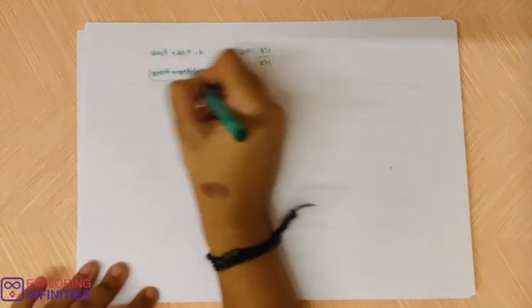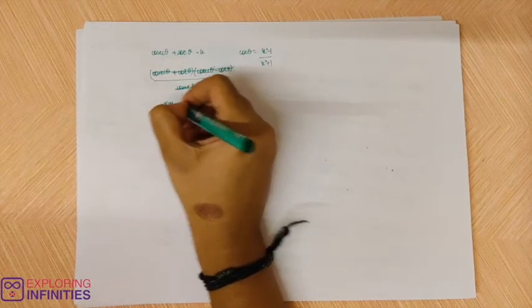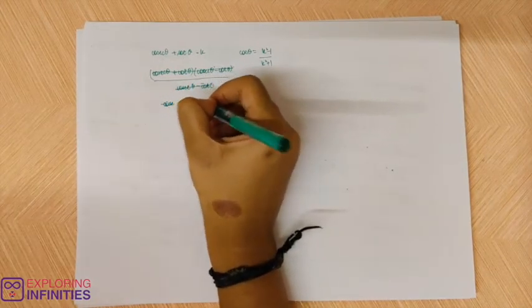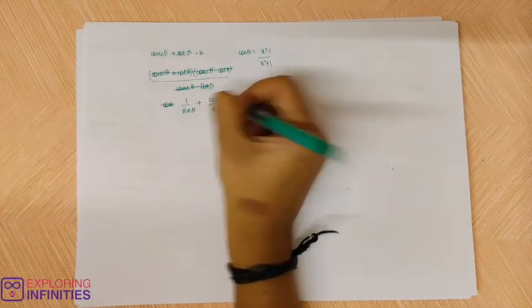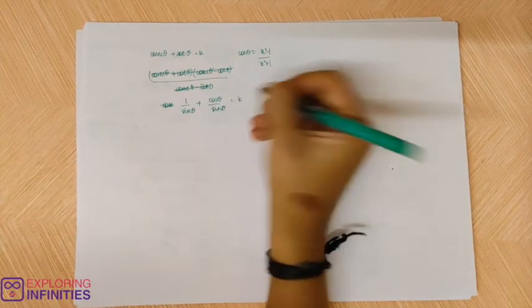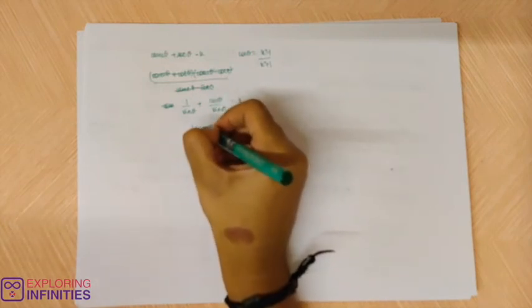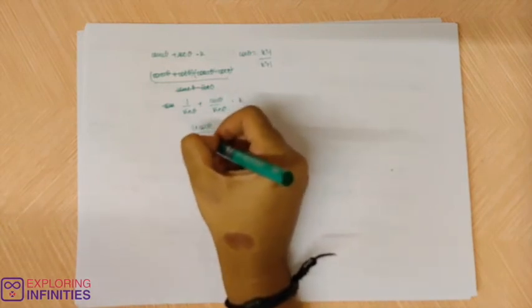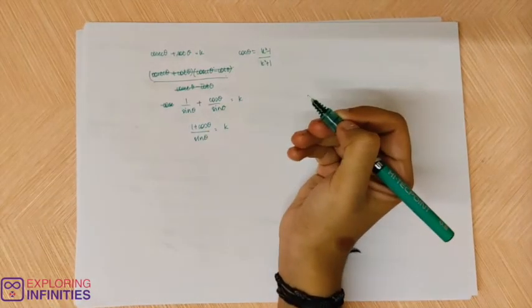Or there's another simple way to do it. Let's just do that. So cosecant theta can be written as 1 by sin theta. Cot theta can be written as cos theta by sin theta, right? So that is k. So 1 plus cos theta by sin theta is equal to k, right?